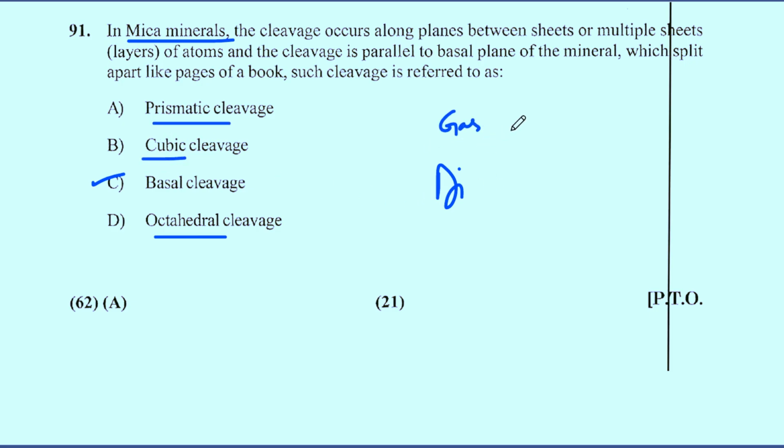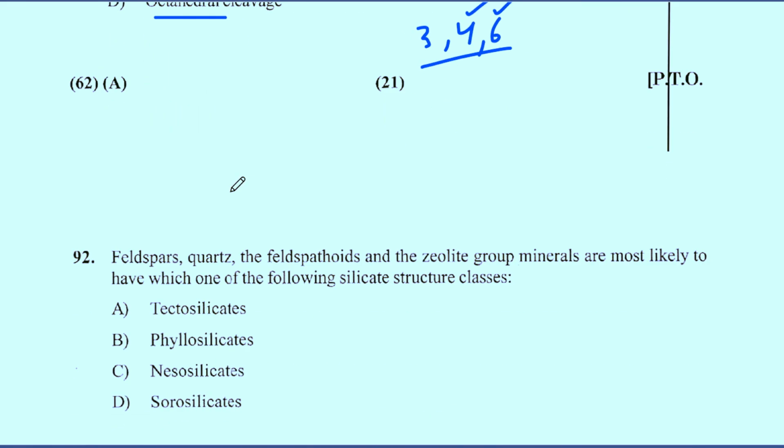Diamond, galena, pyroxene. And one more thing: how many cleavage directions? 3, 4, 6. In which is 6 there? Sphalerite. 4 is present in fluorite.